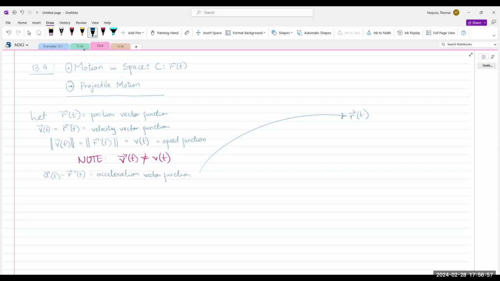Now suppose for example we have a curve C given by the position vector function r(t) = <t squared, 5t, t squared minus 16t>. Then the velocity vector function will be <2t, 5, 2t minus 16>.